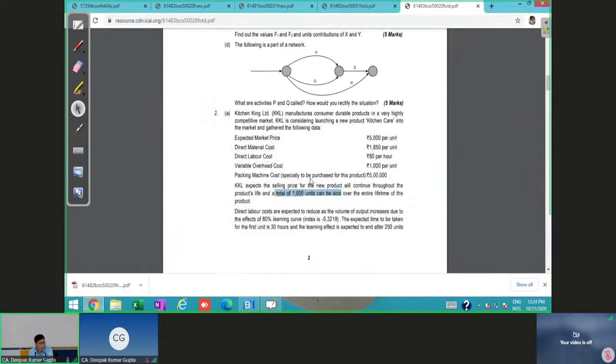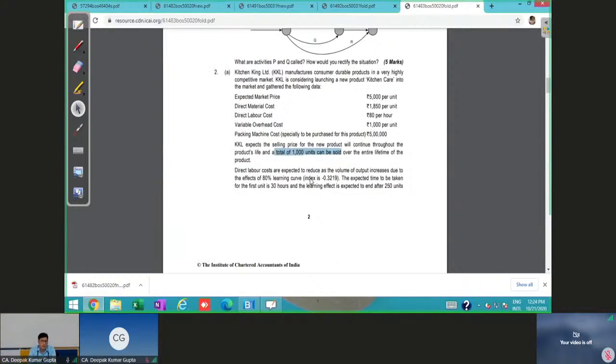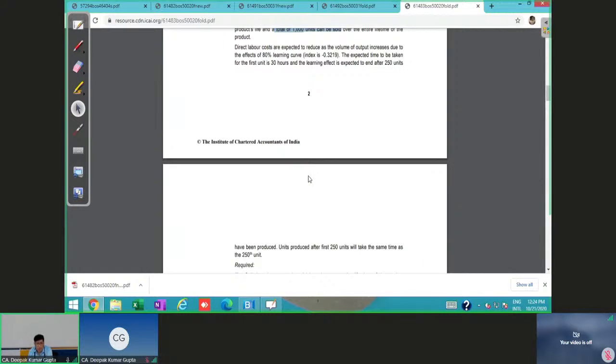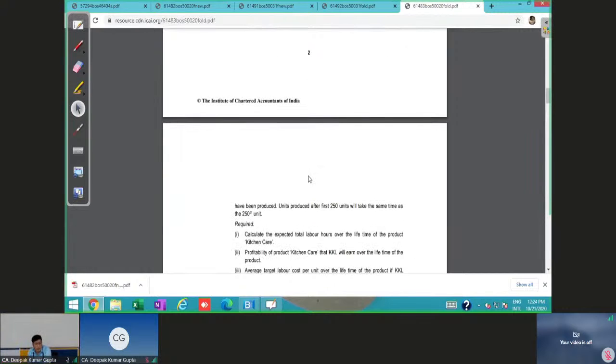Now, kitchen care is manufacturing a product and its total life cycle units are 1000 units. In the first step, we have to find or compute the total labor hours.